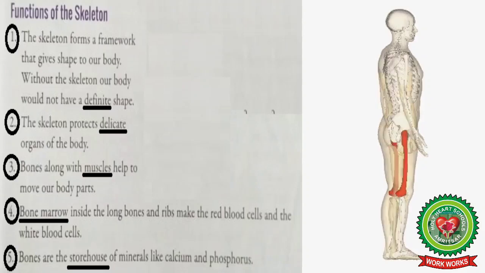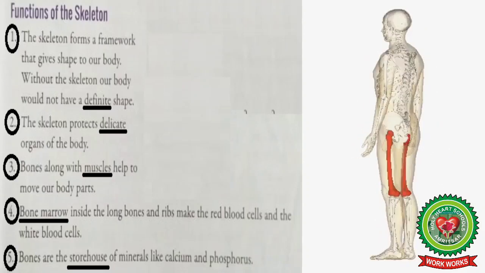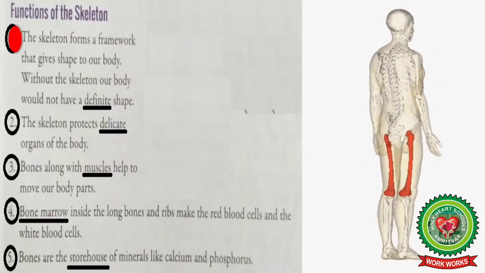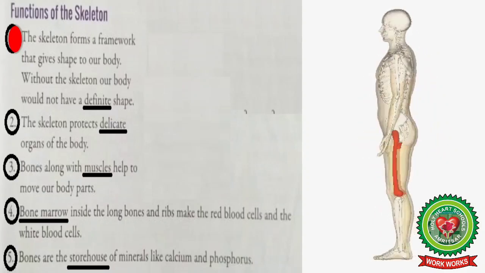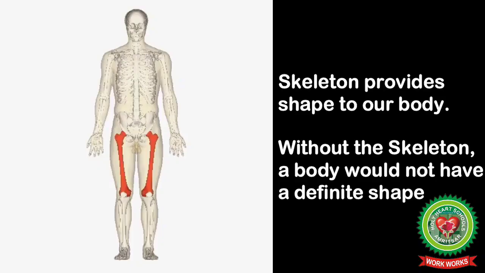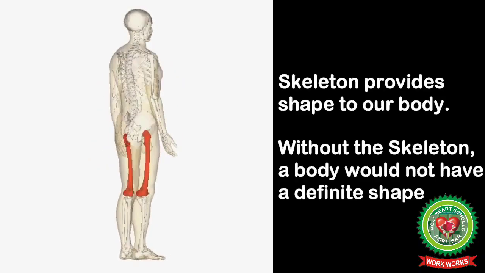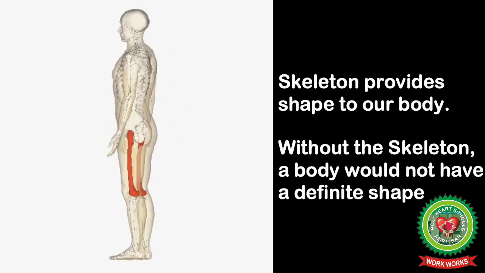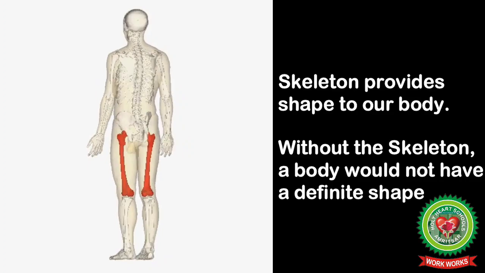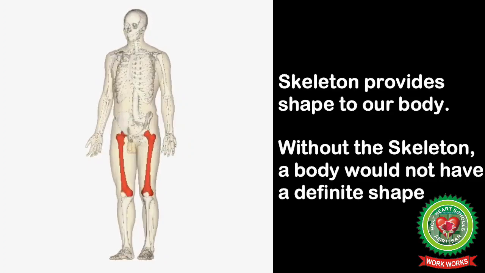Now let's discuss about functions of the skeleton system. Number 1, the skeleton system forms a framework of bones that gives shape to our body. That is, skeleton provides shape to our body, and without the skeleton, our body would not have a definite shape.